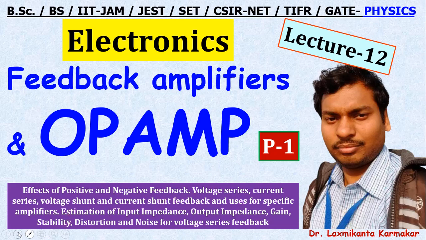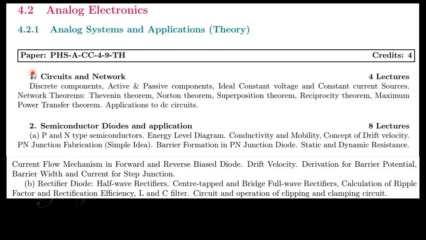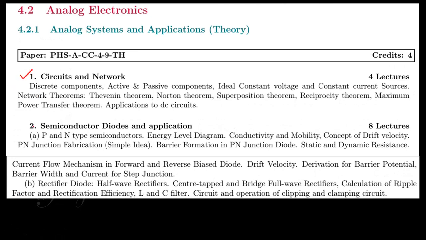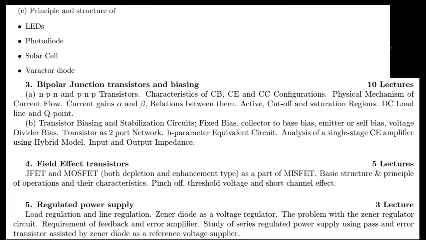Okay, so let's start. We can see this is the total syllabus of University of Calcutta 4th semester analog electronics. This portion, the circuit and network, is already discussed. Semiconductor diodes and applications are discussed. Bipolar junction transistor, this portion is also discussed. You can remark these 3: bipolar junction transistor, field effect transistor, FET, this is also covered.